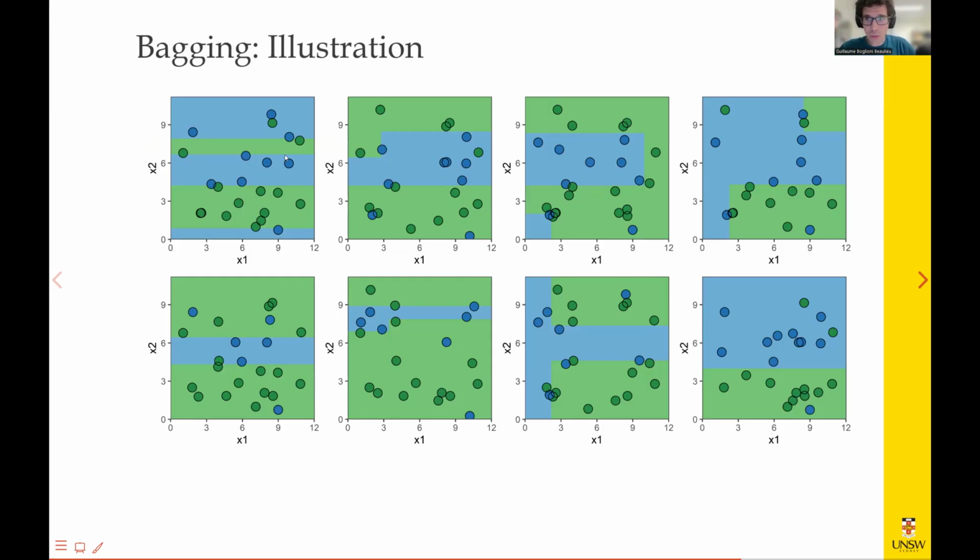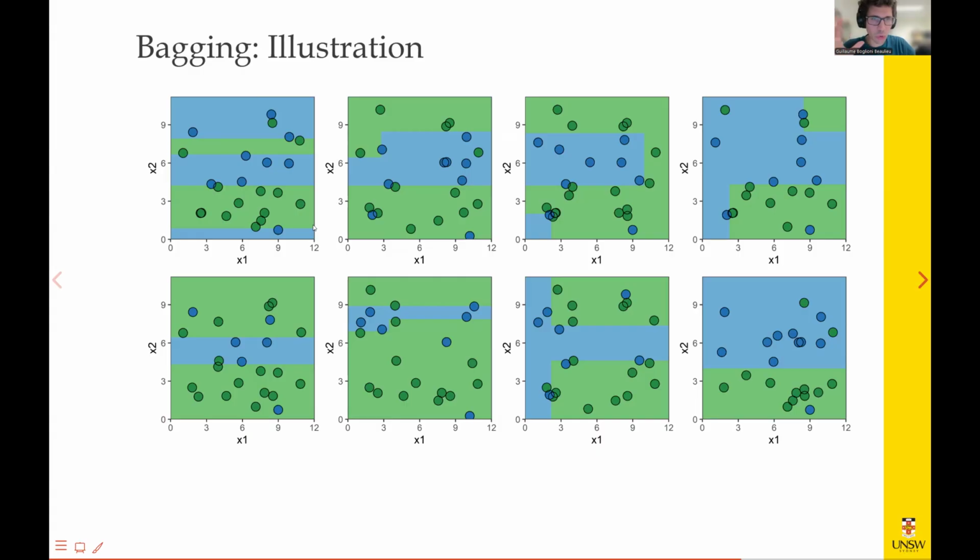Each of those samples can be used to fit a classification tree. Here, the response can take only 2 categories, blue or green. And so what the first plot is showing is one fitted tree for this specific bootstrap sample.